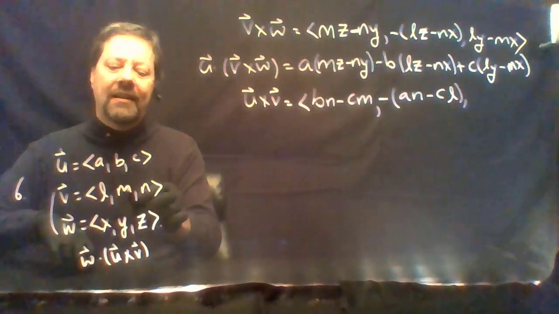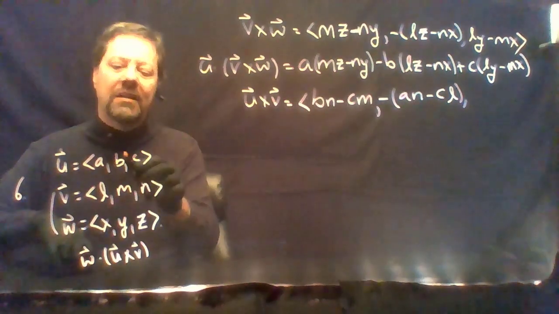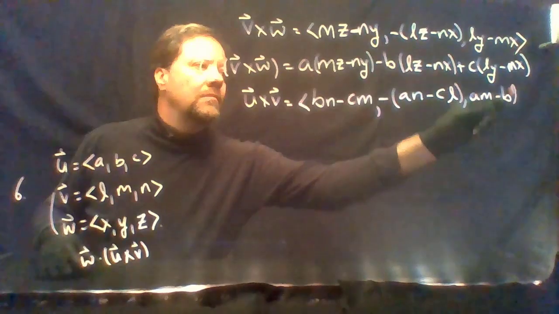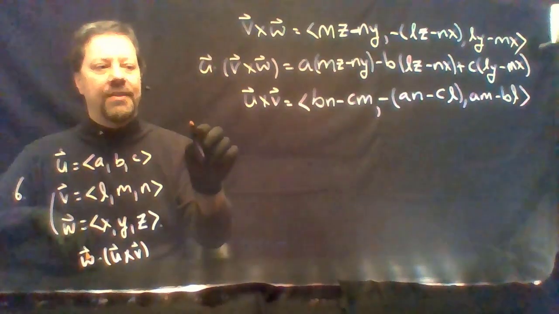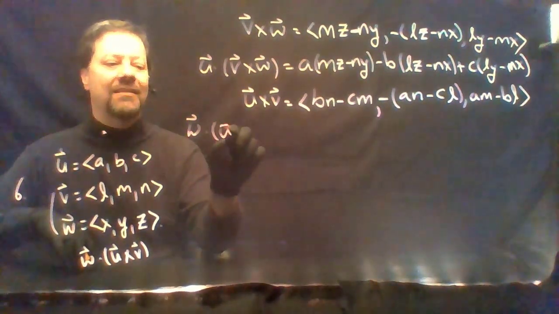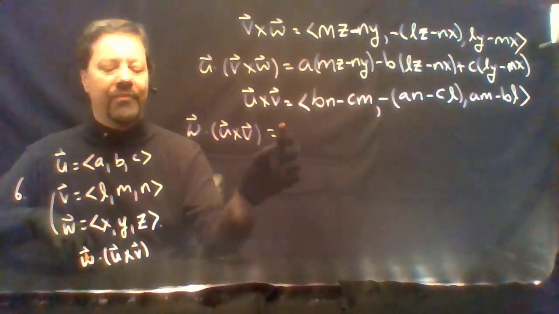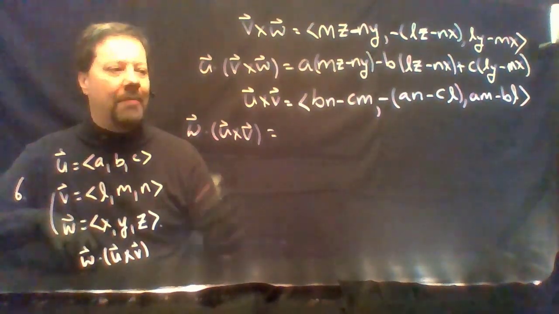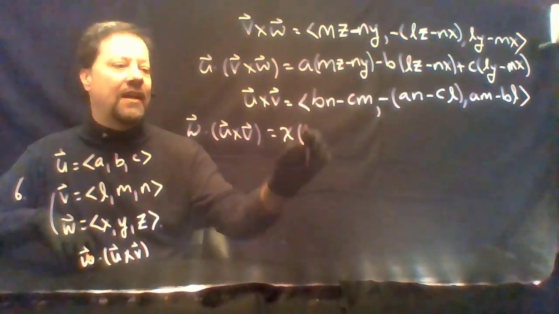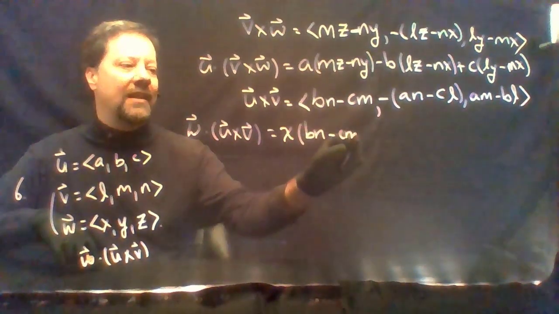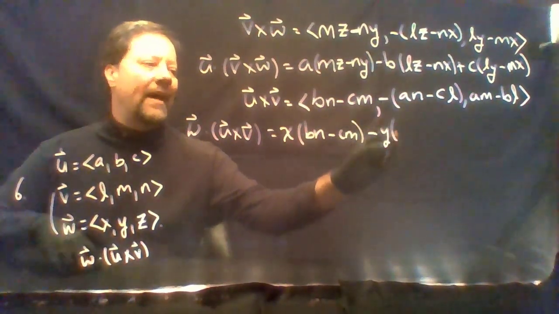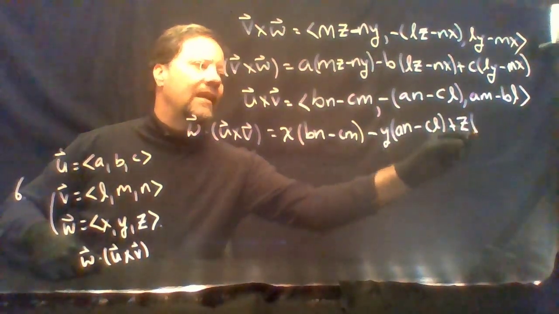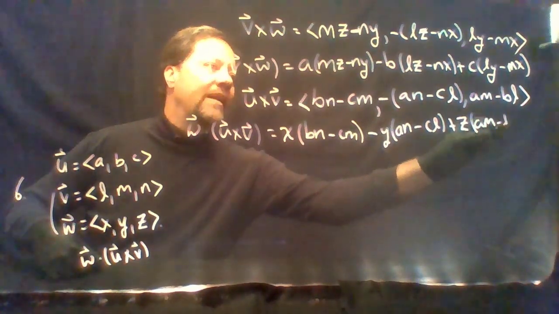And then AM minus BL. It follows then that w dot u cross v will multiply the coordinates of w times these coordinates and add them all up. We'll have X times BN minus CM, minus Y times AN minus CL, plus Z times AM minus BL.